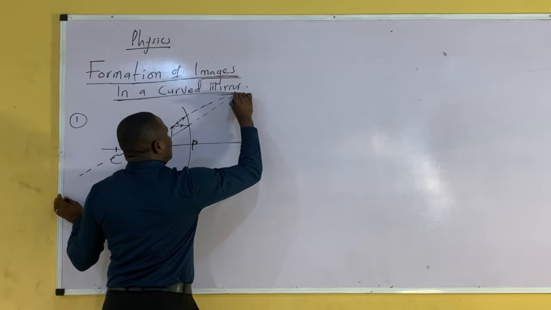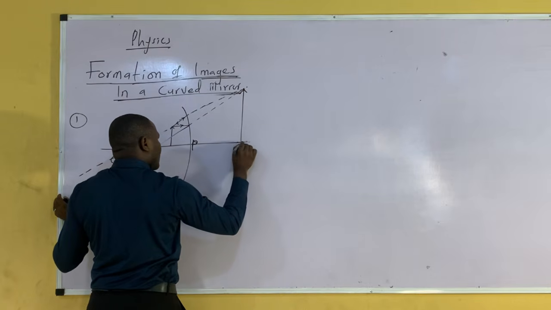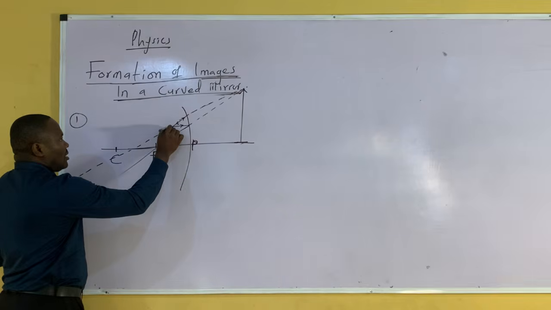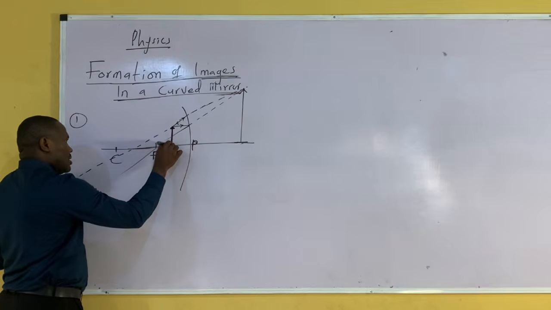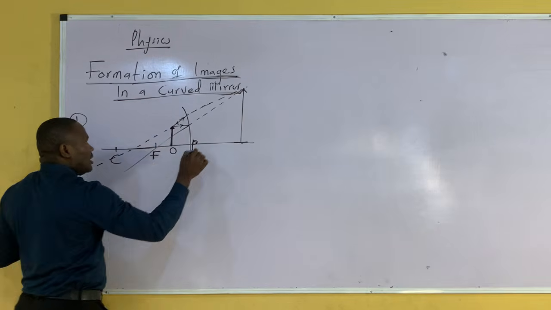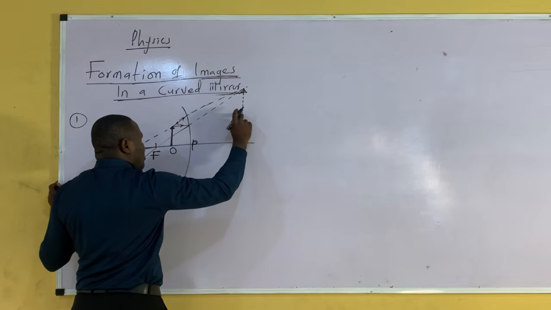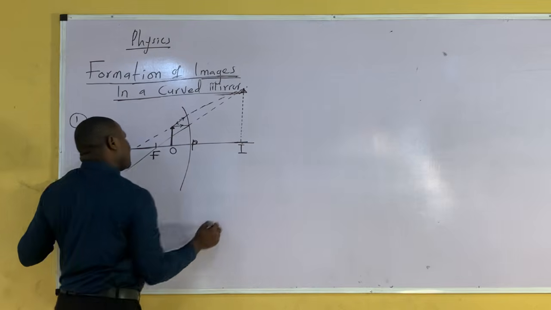Wherever it meets, that's where the image is formed. So we have this as the image. Now I'll be using the thick line to indicate the object, and a dotted line to indicate the image formed. So this is the image.